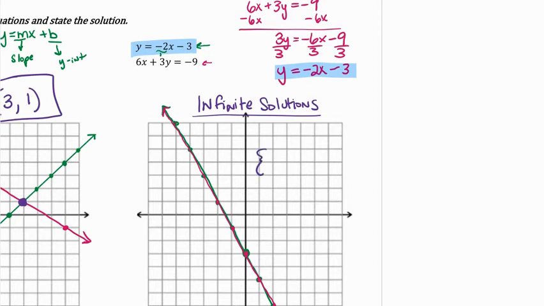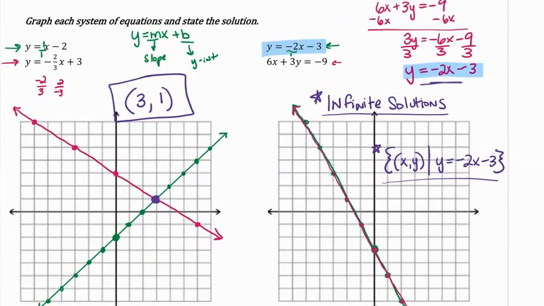I'm going to say I want the set of all of the ordered pairs (x, y), and then this vertical bar means such that, and then I'm just going to write the equation that's up here, y equals -2x minus 3. So that's basically saying that the solution to the system is all the points that are on that line. All the points on that line would work for this system. Again, this tells you the number of solutions is infinite. This is how you would actually write the solution.